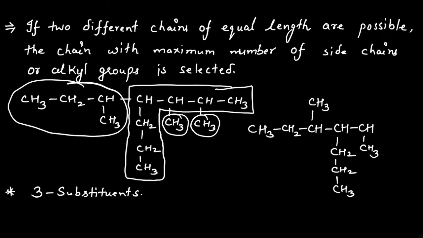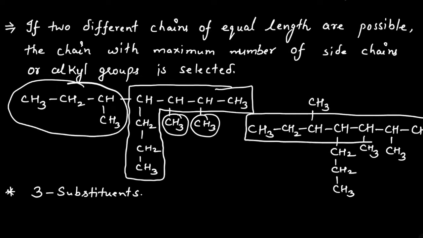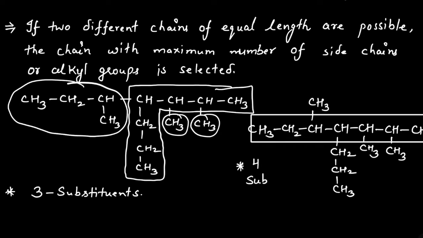Now let's plot this molecule again. Now suppose I choose this as the longest carbon chain. So here basically we have 4 substituents.